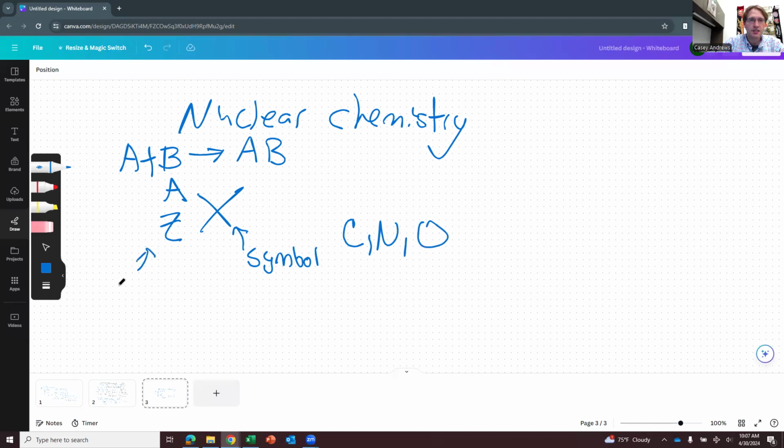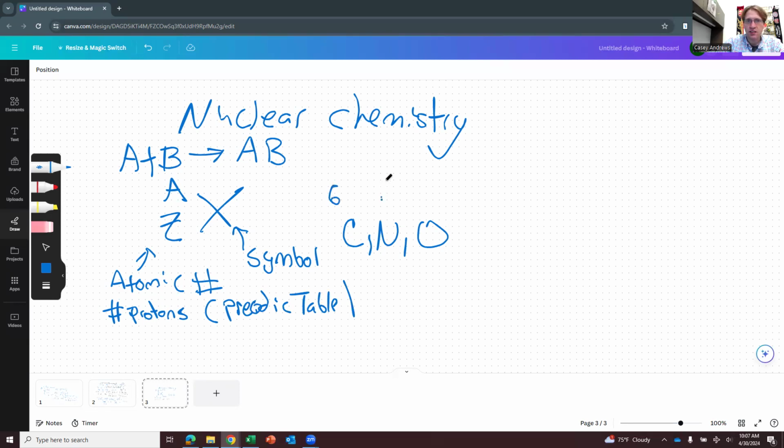Z is the atomic number, which is just the number of protons. You can find this easily on the periodic table. For example, carbon has an atomic number of 6, nitrogen has 7, oxygen has 8. Those are the number of protons, and those are the element numbers in the periodic table.